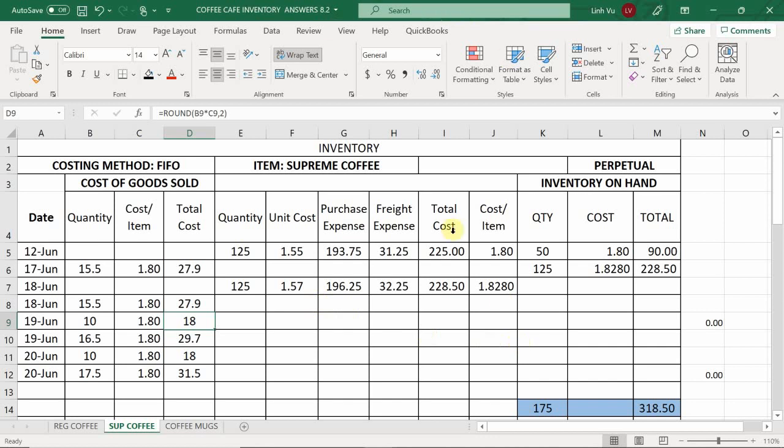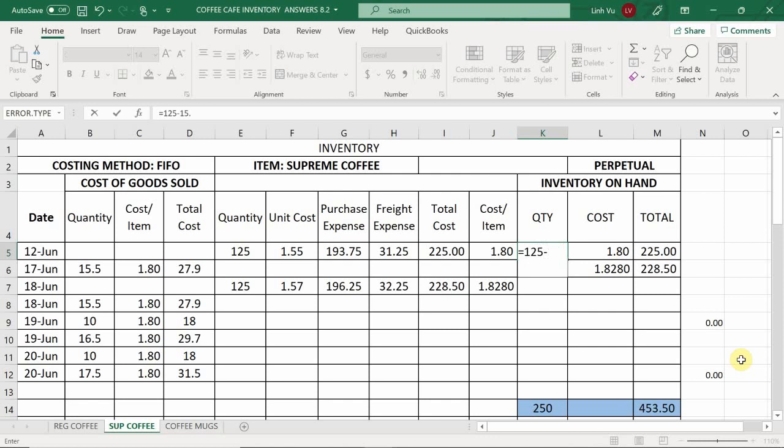So if we started out this way, we subtracted 15.50, and that's 109.50, minus another 15.5 gives us 94.